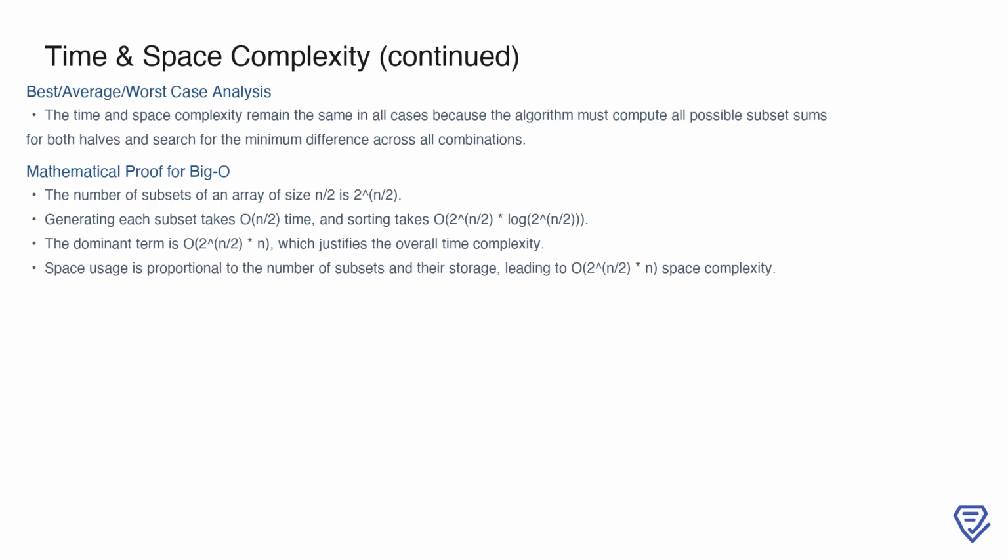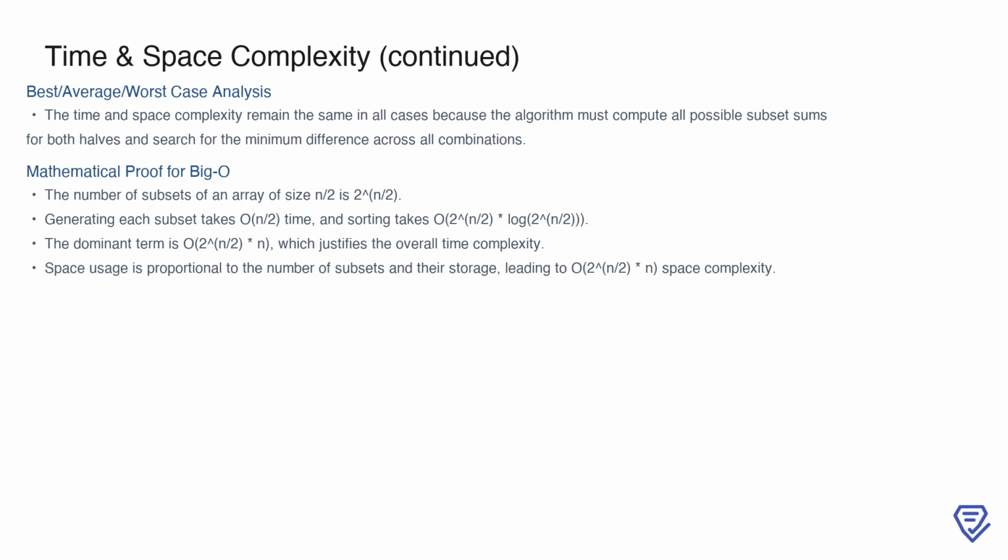Generating each subset takes O(n/2) time, and sorting the subset sums requires O(2^(n/2) * log 2^(n/2)). Combining these, the dominant term for time complexity is O(2^(n/2) * n). Similarly, the space complexity is proportional to the number of subsets and their storage, leading to O(2^(n/2) * n).